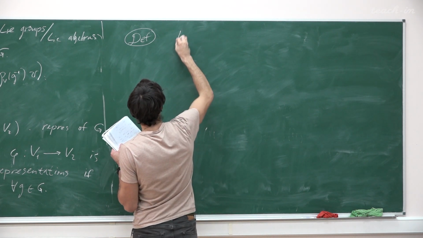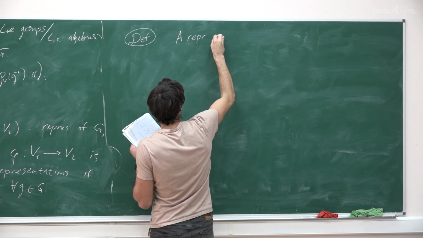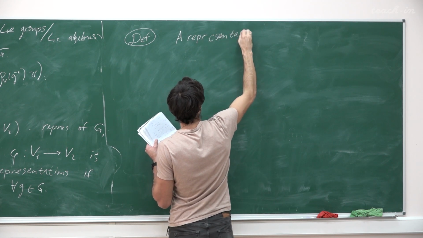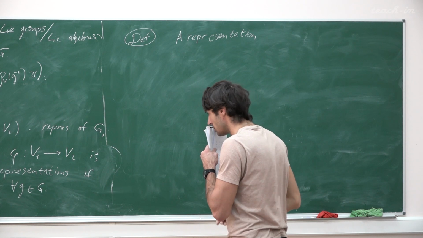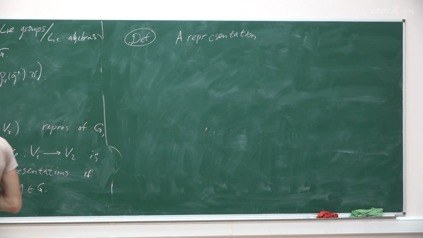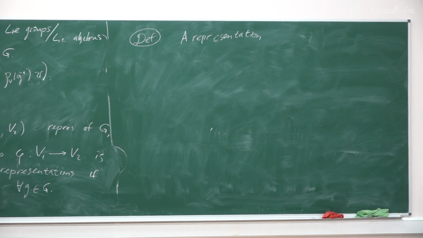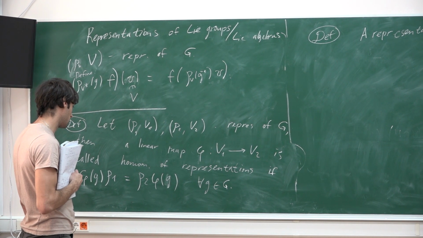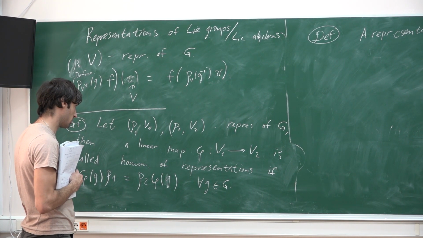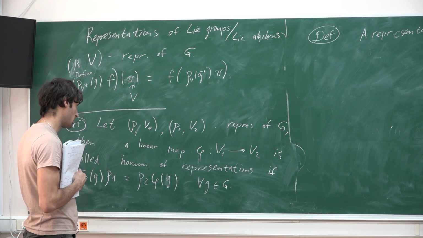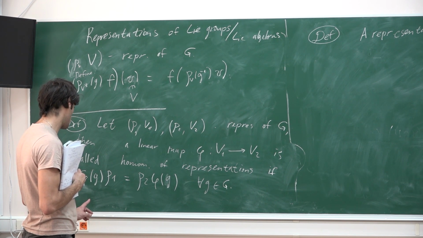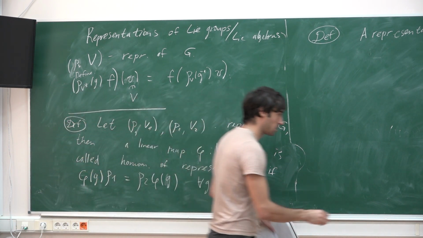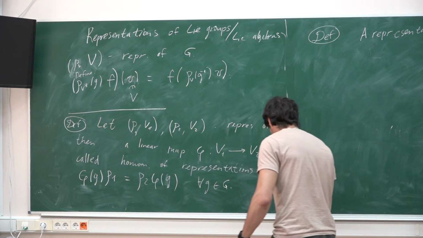Maybe there should be something different in one definition: phi goes from V1 to V2, so I was wrong, because I have to put G in a different place.